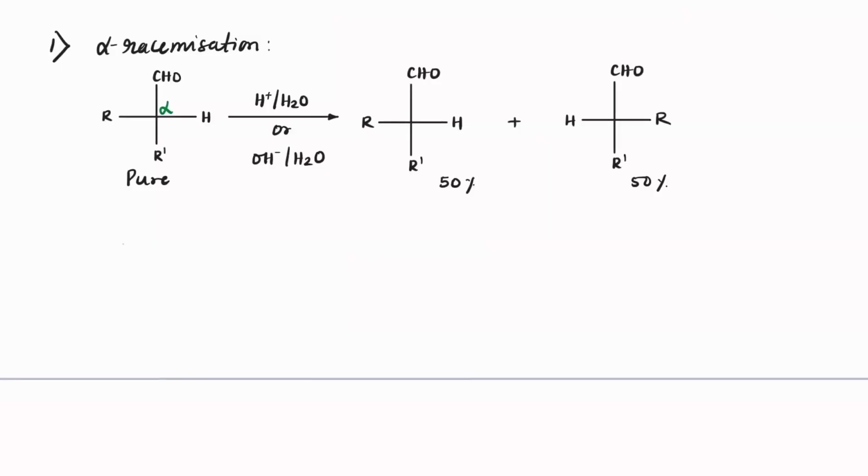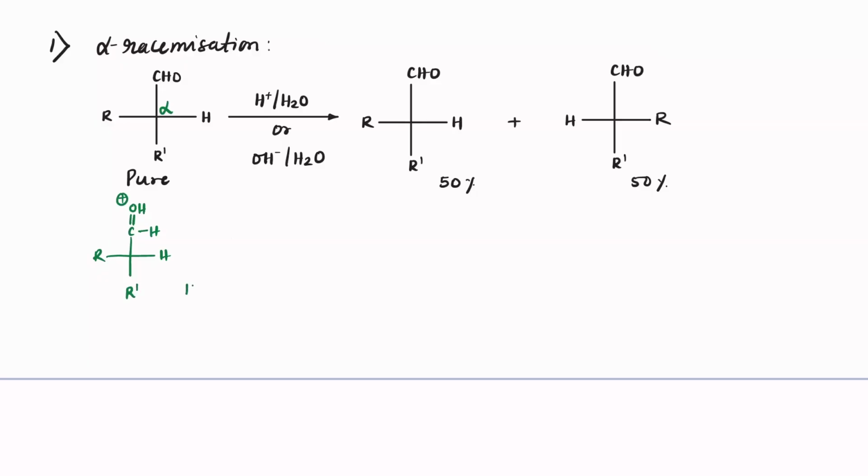So, for example, how does this reaction work? Check out. The minute you add it to an acidic medium, I'm taking acidic medium for reference, this would become OH plus this way and R, H, R dash.